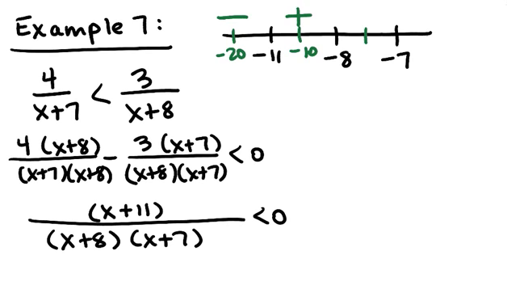Between -8 and -7, I wanted to make sure I had one like this. This is a little bit annoying, but you're going to have to choose something like -7.5. But -7.5 is a good example to really see how this works, right? Because we'll have x plus 11, which will certainly be positive for any x between -8 and -7. And so -7.5 plus 8 is positive 0.5.